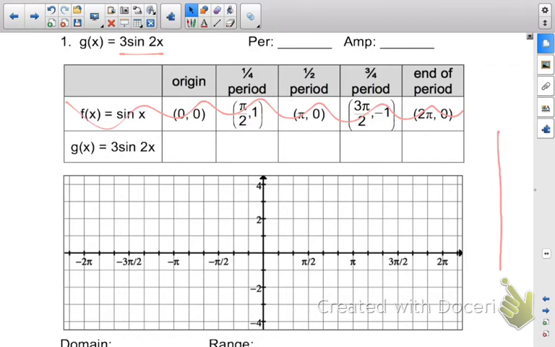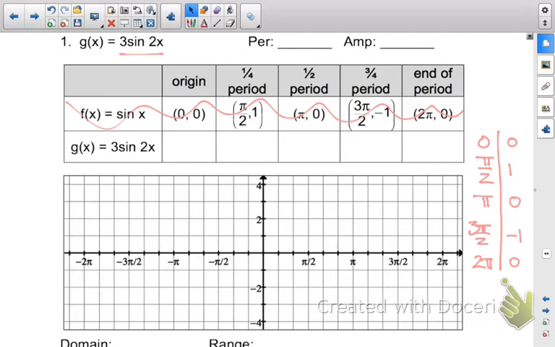My basic 5 points for a sine function are the point 0, 0, pi over 2 up 1, pi goes back to 0, 3 pi over 2 goes down to -1, and 2 pi goes back to 0. And those are always going to be your values for your sine function. So if you just know those and you can write them down, it makes life a whole lot easier.